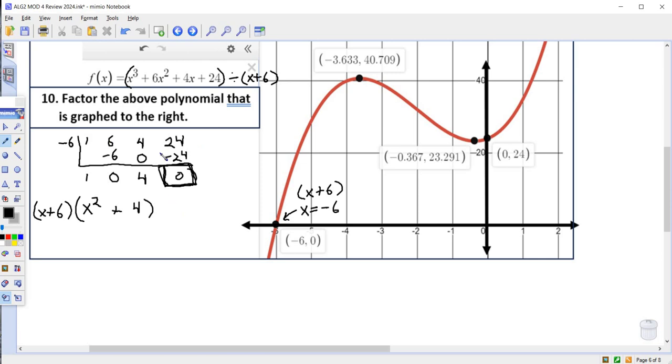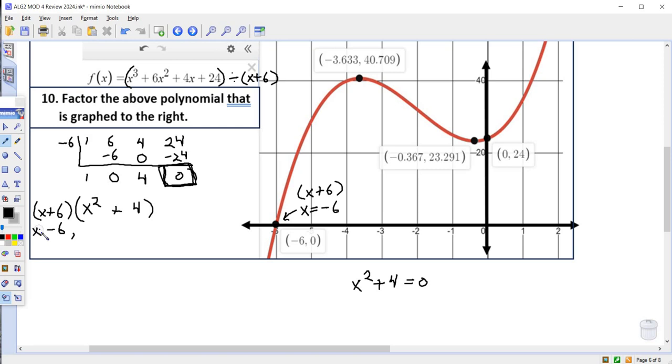Right, I want to factor this completely, though, so I want to break this x squared plus 4 apart. So what are the factors for this x squared plus 4? Set your x squared plus 4 equal to 0. Find the zeros of this x squared plus 4, just like we know that for x plus 6, the zero is negative 6.